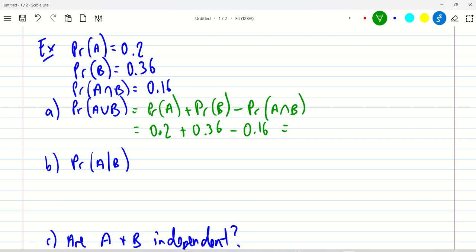Well, 0.36 minus 0.16 is 0.2, so it's just going to be 0.4. Hopefully I did my maths right. That looks fine to me. So 0.4 is the probability of A union B.